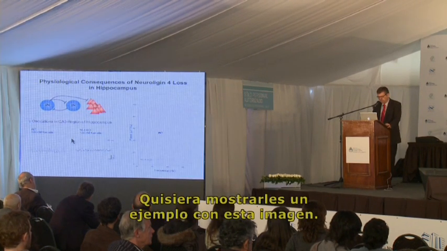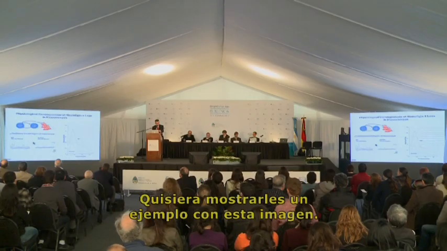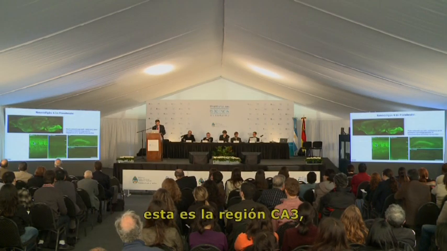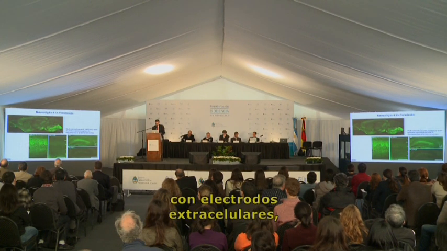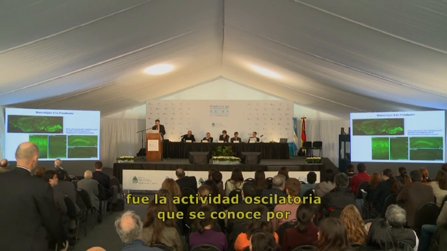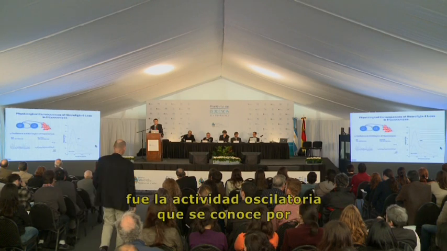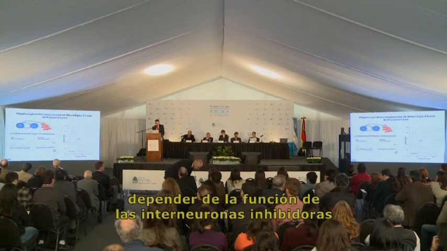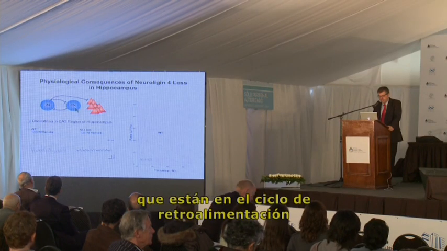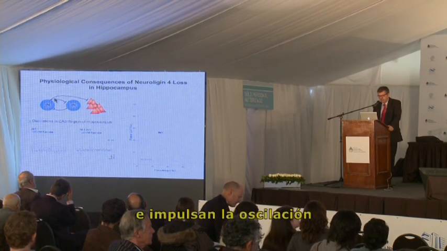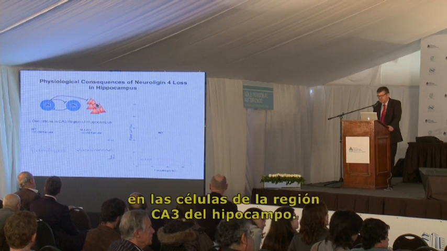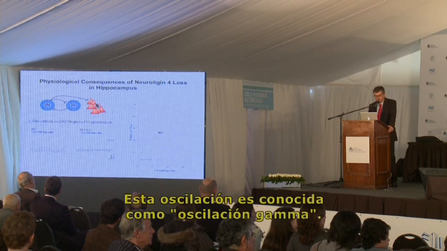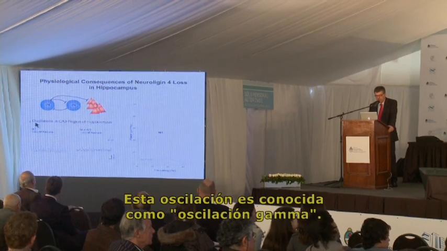One example I would like to show you with this image: we measured in the hippocampus CA3 region, this is over here, with extracellular electrodes, oscillatory activity that is known to depend on the function of inhibitory interneurons in a feedback loop, which drive oscillations in these hippocampal CA3 cells, an oscillation called gamma oscillation.